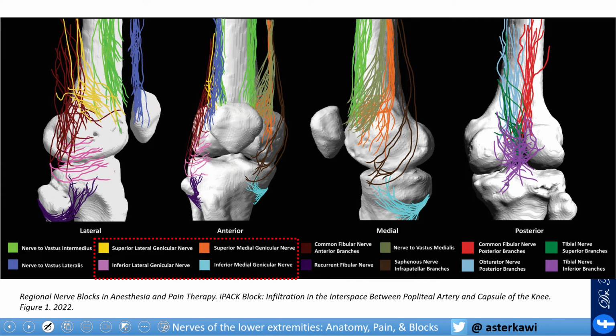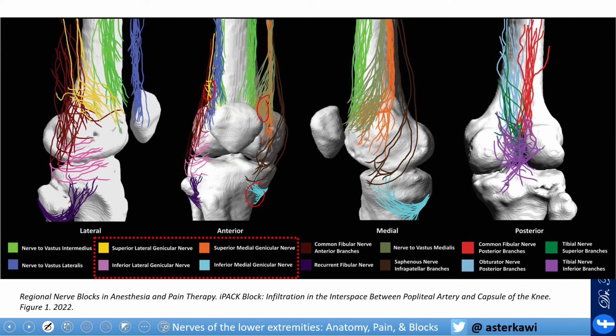But what I want to show you is what we do when we do genicular nerve block and genicular nerve ablation. So this is the superior lateral cutaneous nerve, and we do the superior medial genicular, superior lateral, and we do the inferior medial genicular.